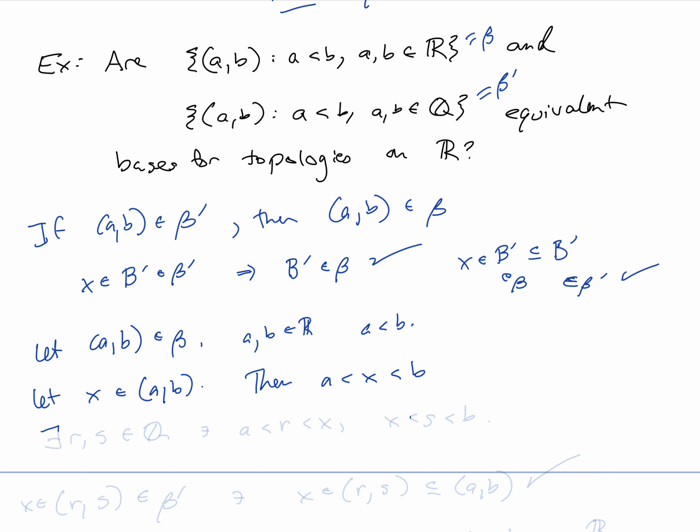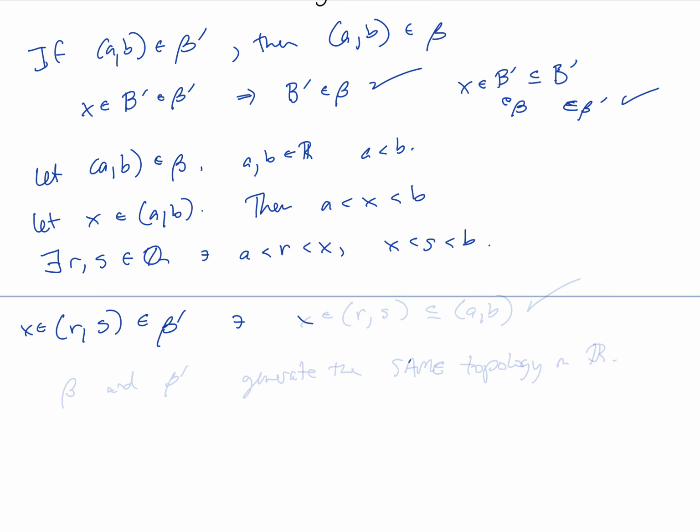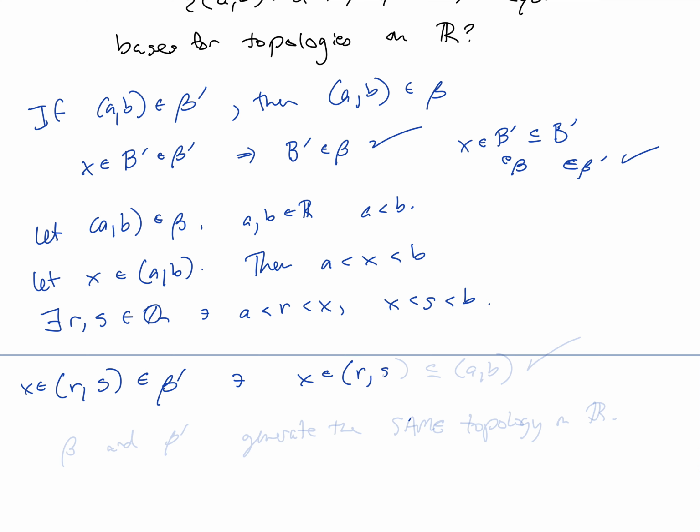So there exist R and S in the rationals such that A is less than R, which is less than X, and X is less than S, which is less than B. So this tells us that (R, S) contains X, and that's an element of beta prime, such that X is an element of this basis element for beta prime, and that's a subset of our original basis element.